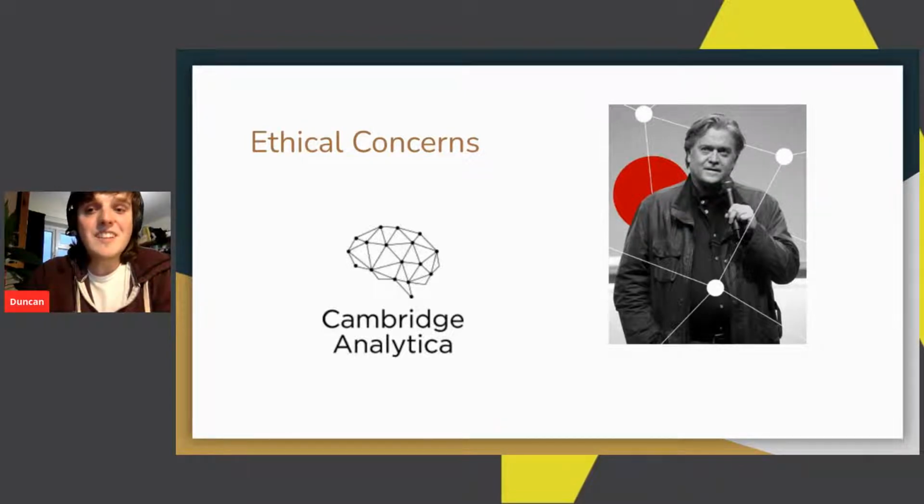Now, Cambridge Analytica made use of, this is a very simple breakdown, but they made use of a Facebook quiz to collect data from people who took the quiz. However, not only that, but they managed to get data from friends of the user, friends of the person who took the quiz, which is really quite worrying, to say the least.